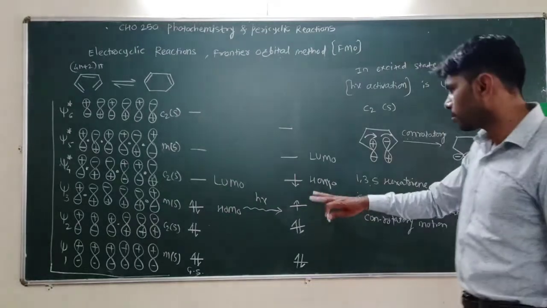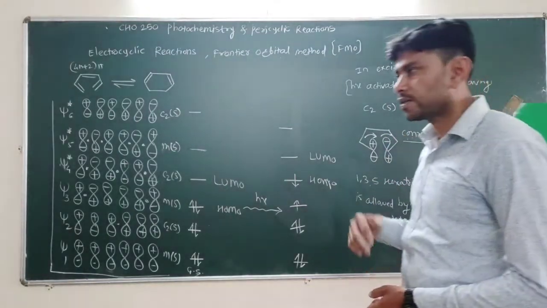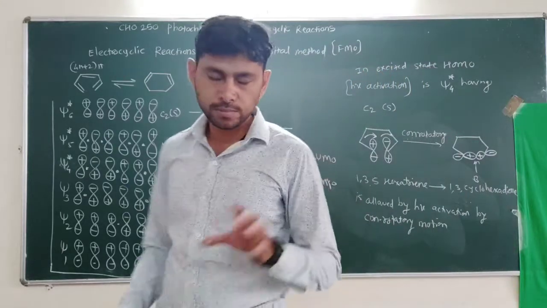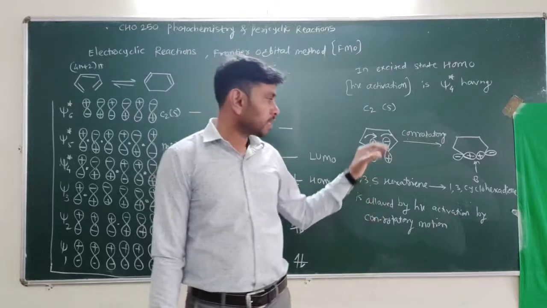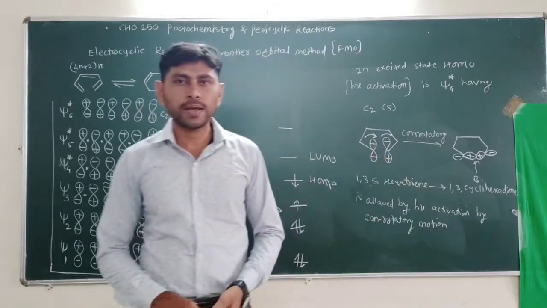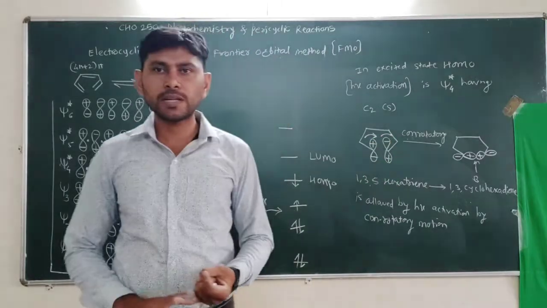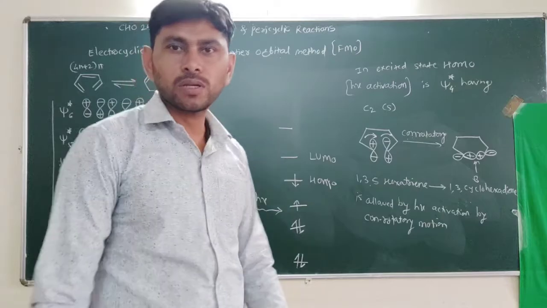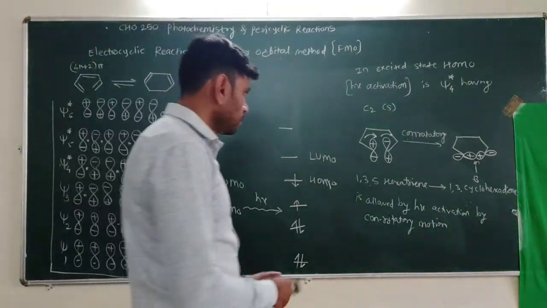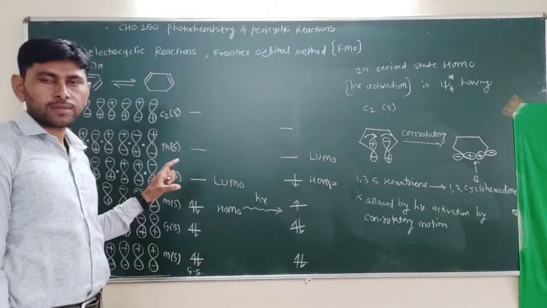If M symmetry is there, that reaction is allowed by thermal activation by disrotatory motion, and if C2 symmetry is present, that reaction is allowed by conrotatory motion. So C2 symmetry is always associated with conrotatory motion, and M symmetry with disrotatory motion.